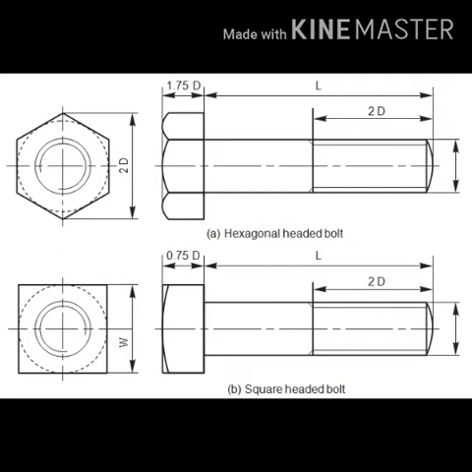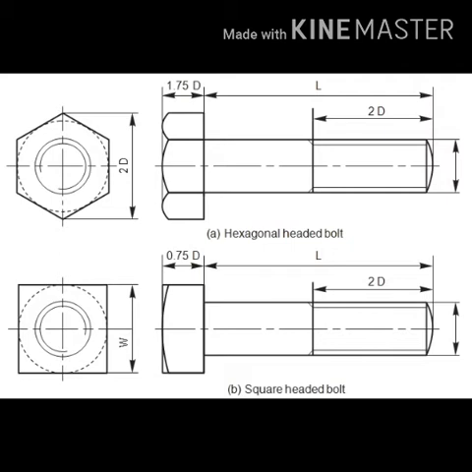From the first figure, we can see that the corner to corner distance of a hexagonal headed bolt is marked as 2D, whereas the height of the hexagonal headed bolt is marked as 0.75D, and the bolt length is marked by the letter L, whose value we know is 4D, and thread length is marked as 2D.